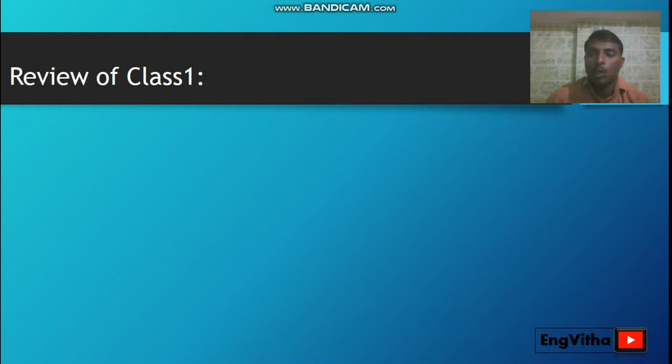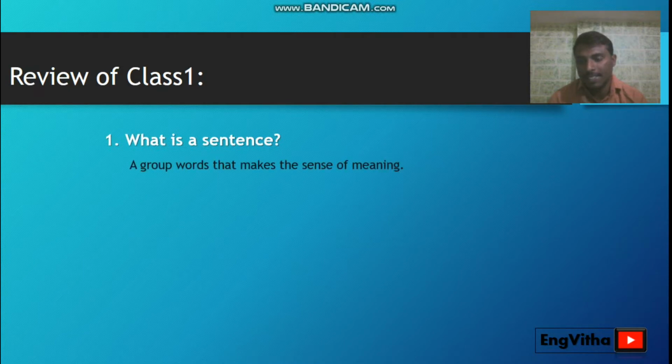Before we look into class 2, we need to review what we learned in class 1. In class 1, we learned what a sentence is and gave a definition: a sentence is a group of words that makes sense.